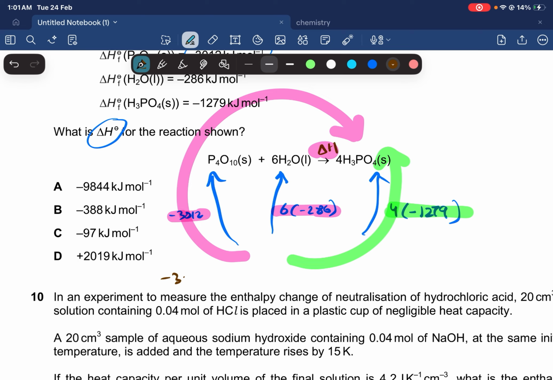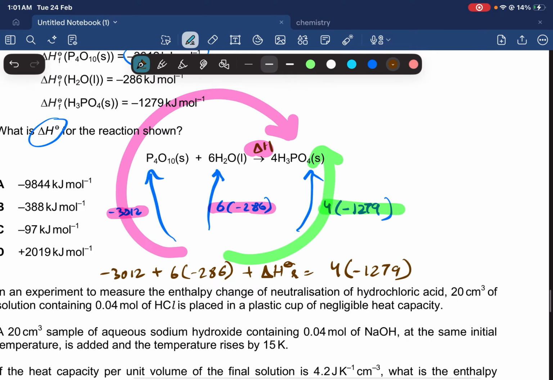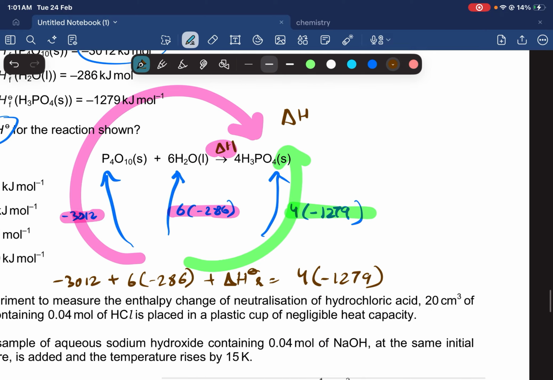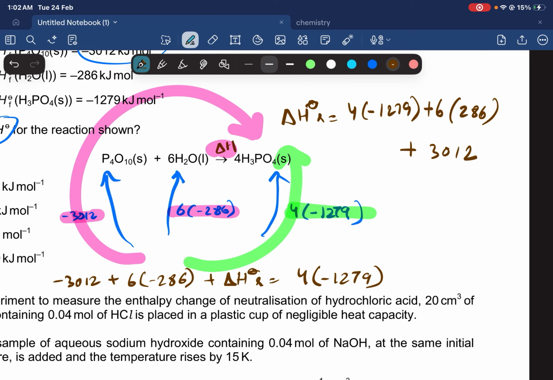So -3012 plus 6 times -286 plus delta H naught R equals 4 times -1279. And now, if we solve for delta H naught R, let's see what we get. We take the things to the other side, so it becomes 4 times -1279, and then plus 6 times 286, and then plus 3012.